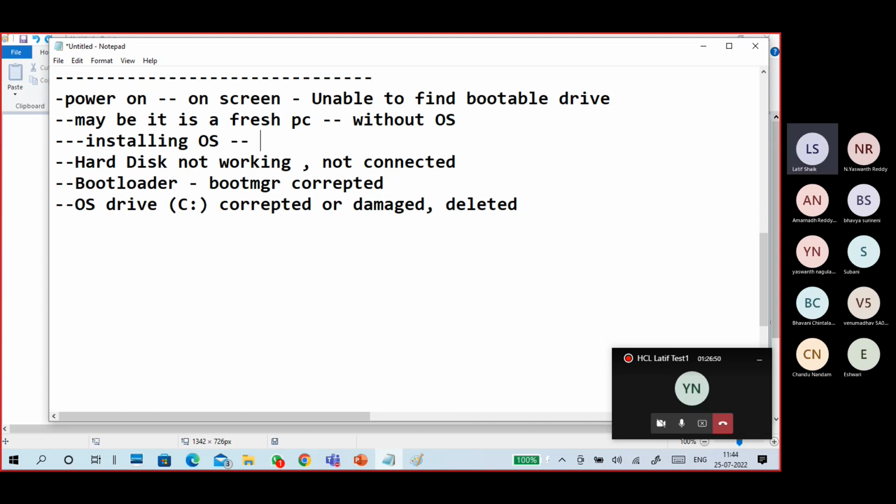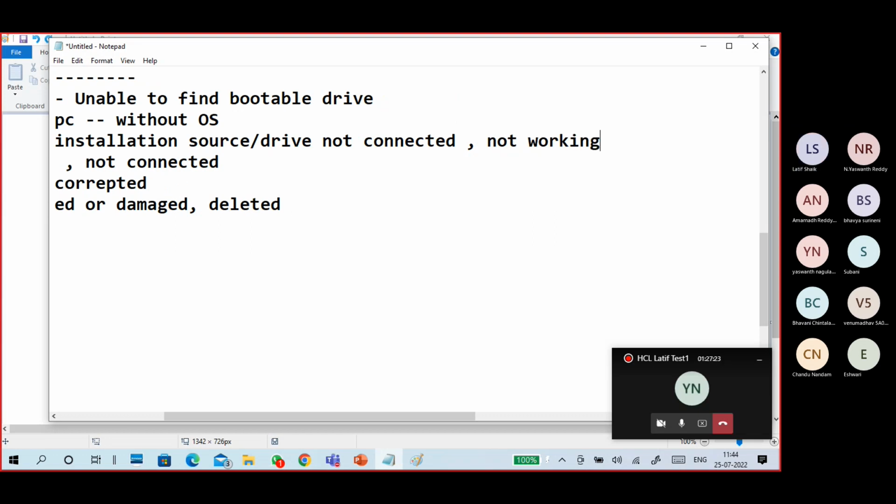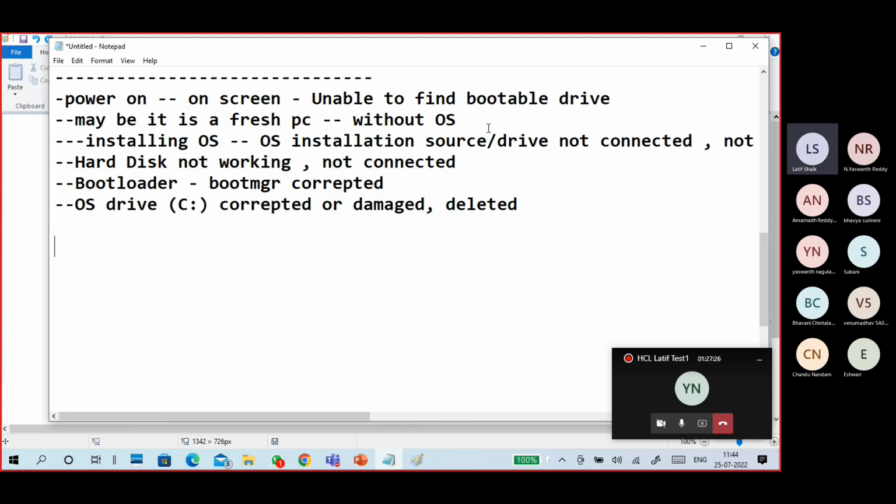That time we are installing the operating system, the OS source device, the OS installation drive, is not connected or not working. So there are a lot of issues.